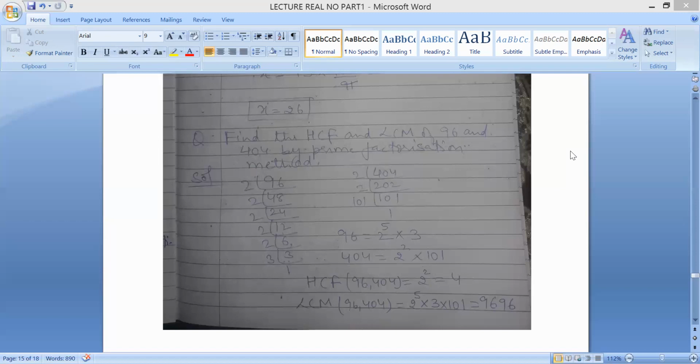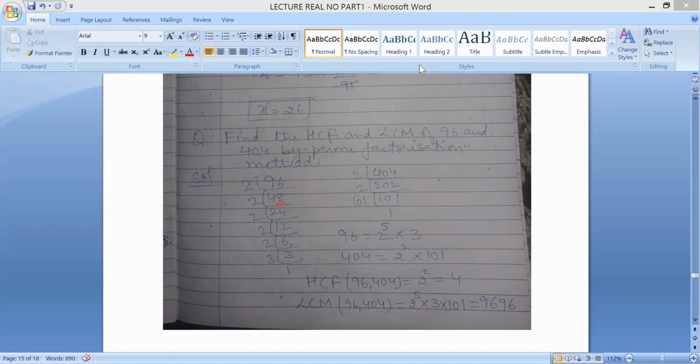Another question is: find the HCF and LCM of 96 and 404 by the prime factorization method. When I say prime factorization method, I have to find the prime factors of each number separately. Prime factors of 96 you are seeing here: 96 first divided by 2 gives 48, then 24, then 12.